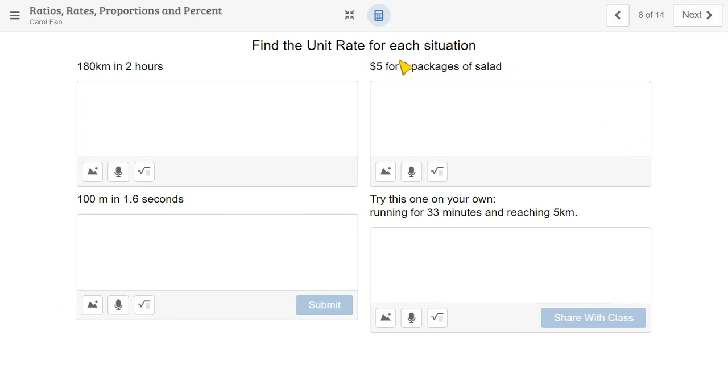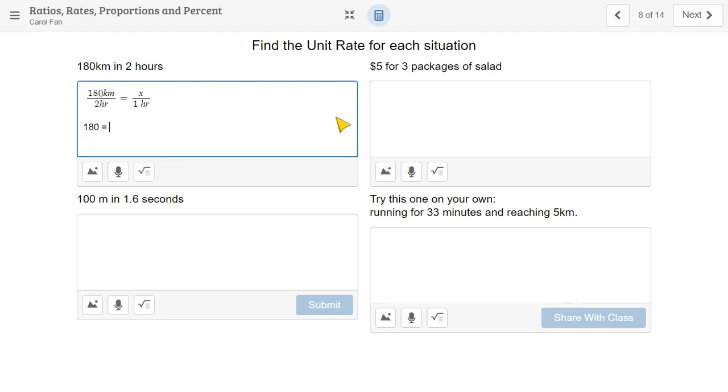Let's find the unit rate for each situation. Now, remember the unit rate, the second rate is always going to be out of 1. Our first example, 180 kilometers, and this is in 2 hours. I want to know, we have x number of kilometers per 1 hour. Let's cross multiply.